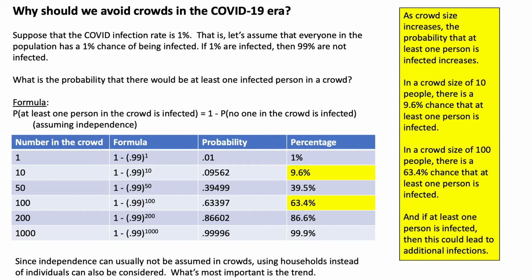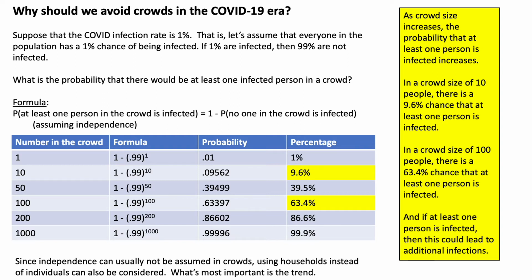You can see from this table, you've got the crowd size on the far left, the formula to calculate the probability that at least one person is infected, the decimal probability, and then we're going to convert that probability to a percentage. As the crowd size increases, the probability that at least one person is infected also increases.